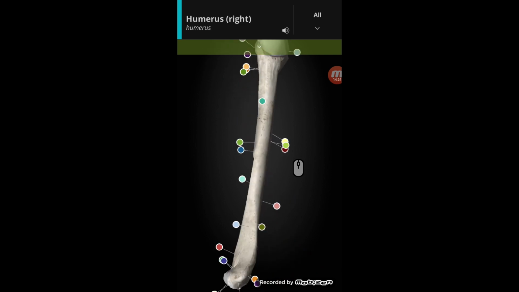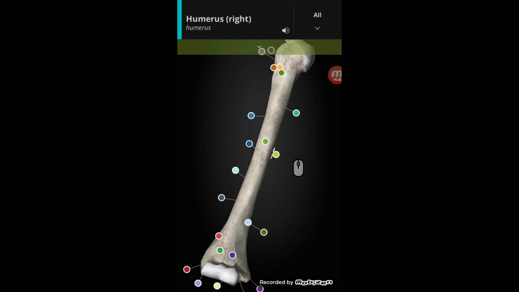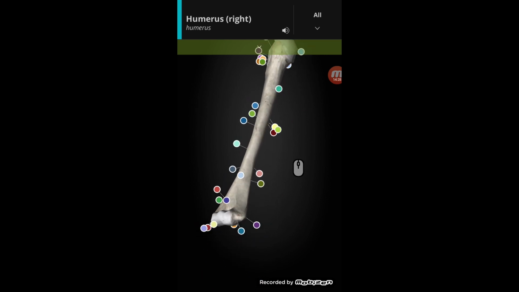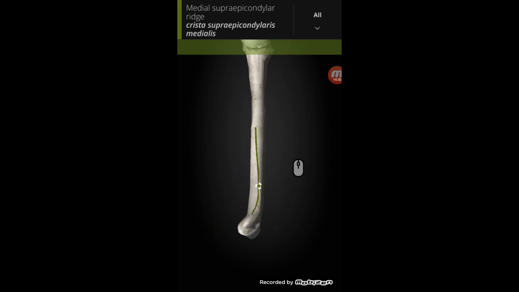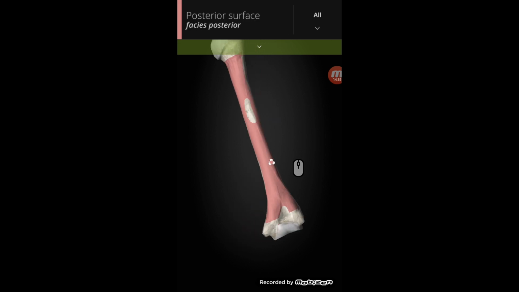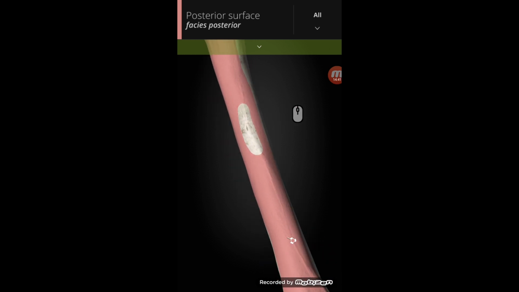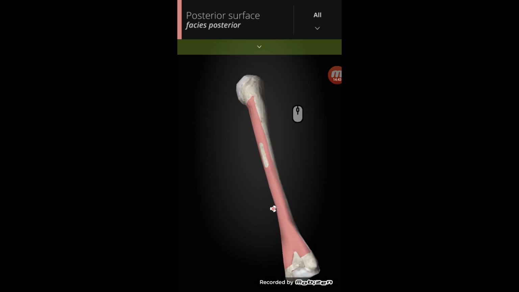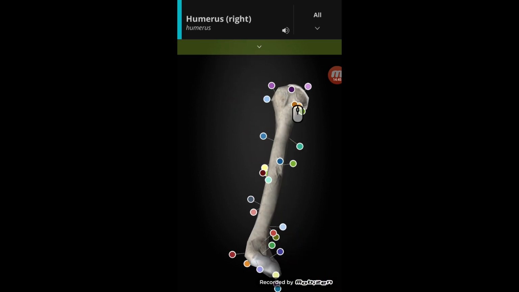Due to the mobile rotation I can't judge the real location, so sorry for that. This is the medial supracondylar ridge, this is the posterior surface and this is the radial groove. And there you can see there is a foramen. So this was all about the humerus and its landmarks.